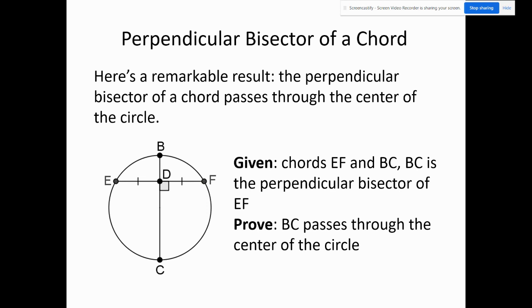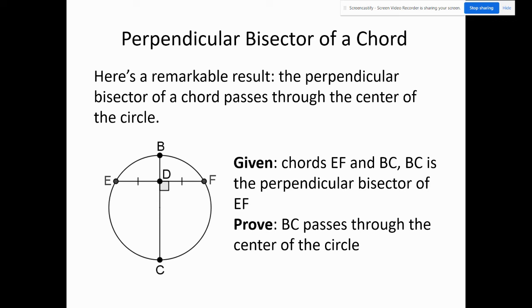And here's something really cool. The perpendicular bisector of a chord has to pass through the center of the circle, okay? So think about it like this. We started with a circle, and we weren't given the center. There was no point given here that is the center of the circle. It's somewhere, but it's not marked. Okay, and then into the circle we added the chord EF, and then BC is the perpendicular bisector of EF.